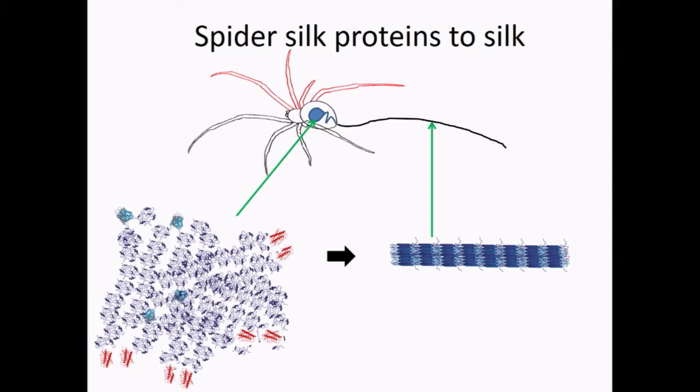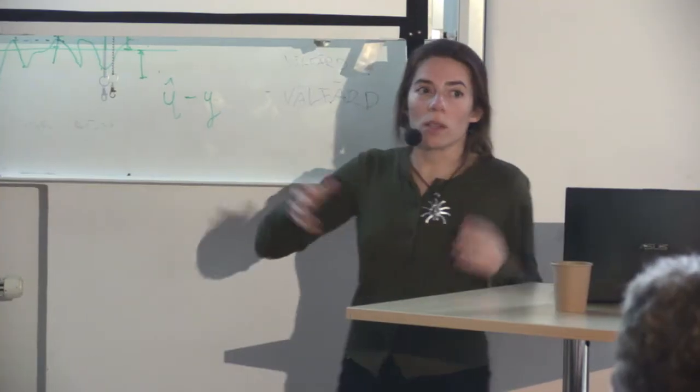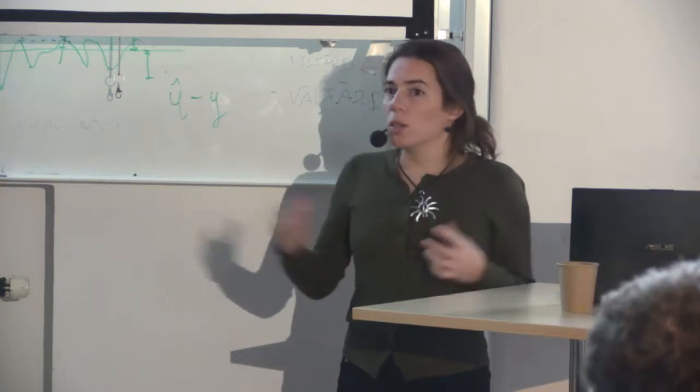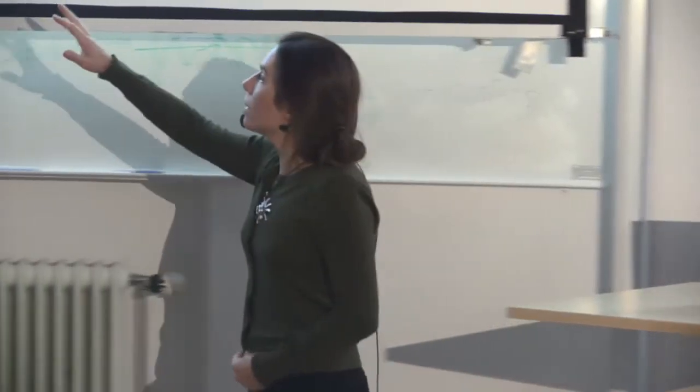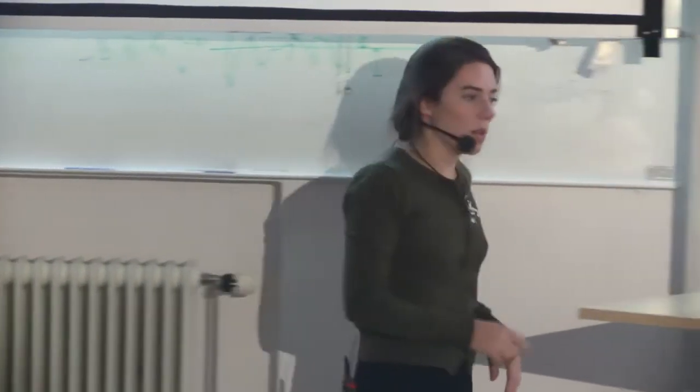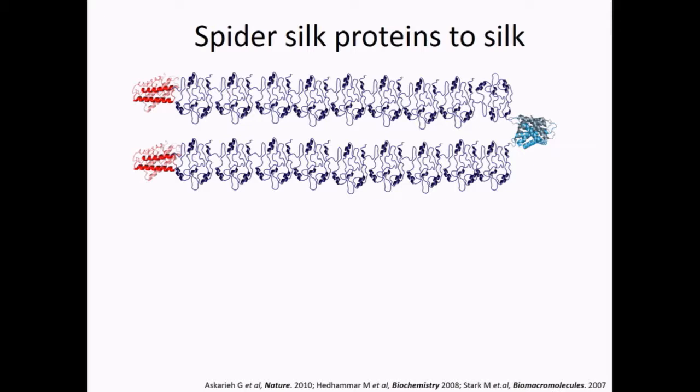So this is a very interesting property, to transform from a solution to a material, that we wanted to investigate more. So we have looked at these proteins, and if we zoom into a typical spider silk protein, it looks something like this. At the ends of the protein, there are globular domains, and in the middle, there are repetitive regions.